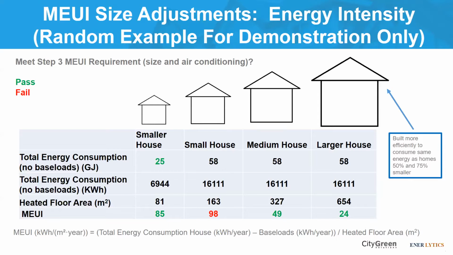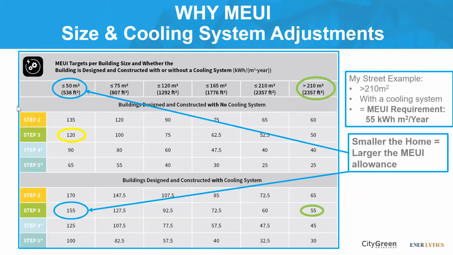It allows that smaller home, which has also been built efficiently, but has a smaller heated floor area, to be able to pass the MEUI metric. So again, we see the MEUI metric here. If it had been step 3 in a smaller sized home, it would have an allowance of 120. The larger home, as in our example, only has to meet 50. Now let's look at the cooling system adjustment.